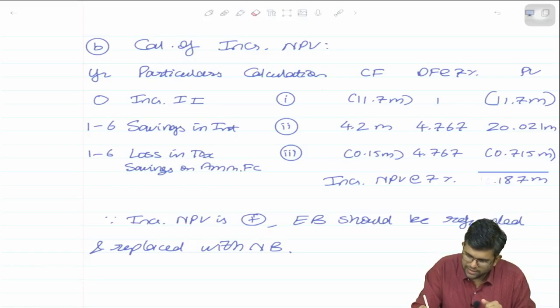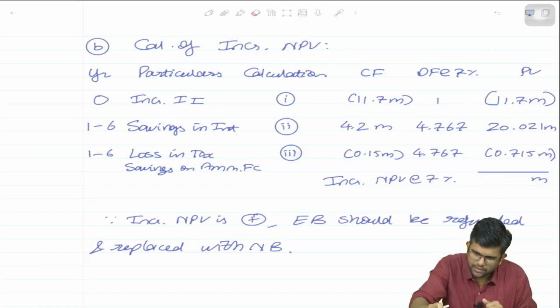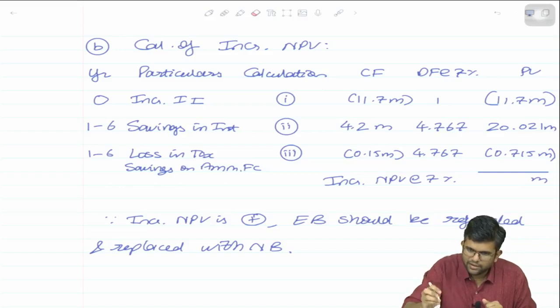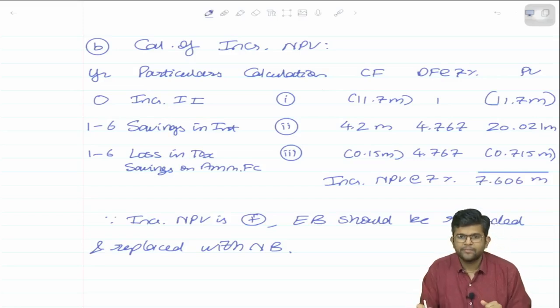You will get your revised NPV: minus 11.7 plus 20.021 minus 0.715, and that comes to 7.606 million. Everyone clear? 606, Divya?